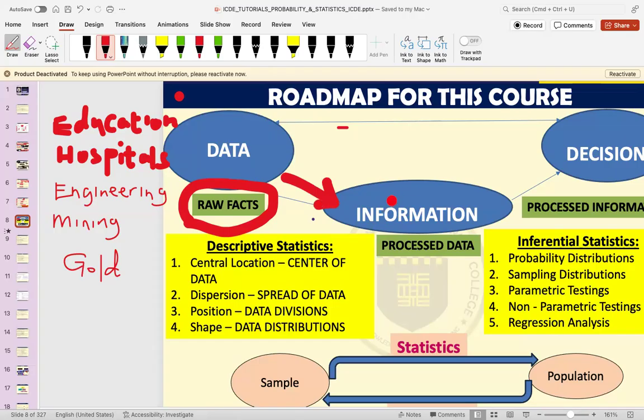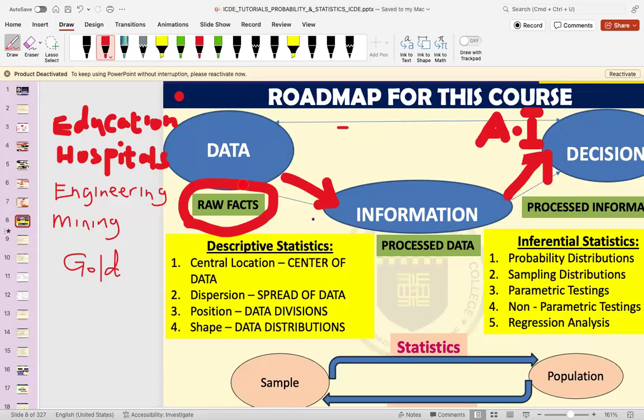Once we get information, then we can change the information to decisions. And this is where you have the AIs. Once you have the information, then you can develop the AI models, all starting with data. And then you end up with decision activities to enhance the IT.